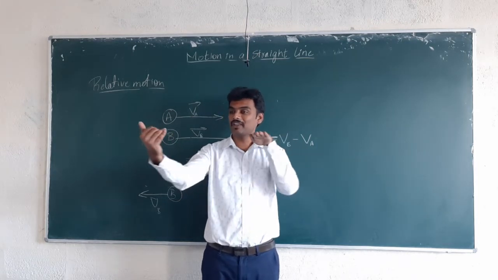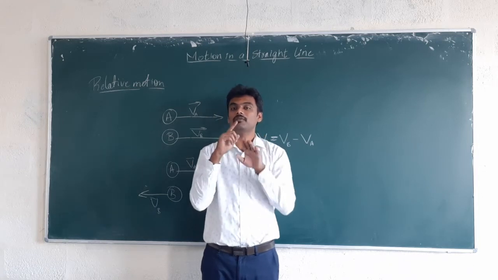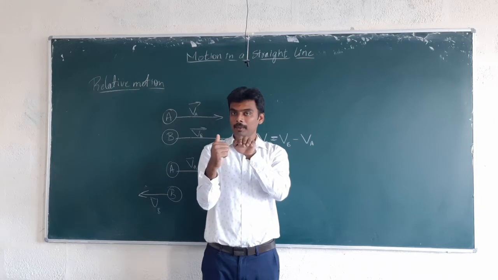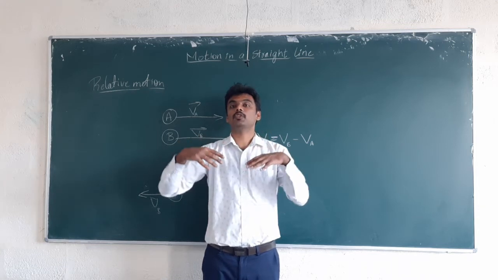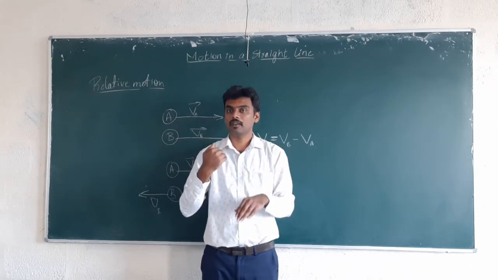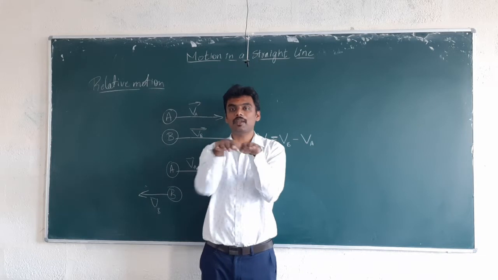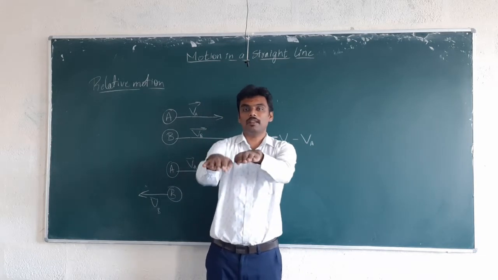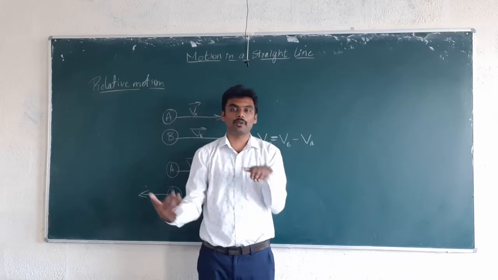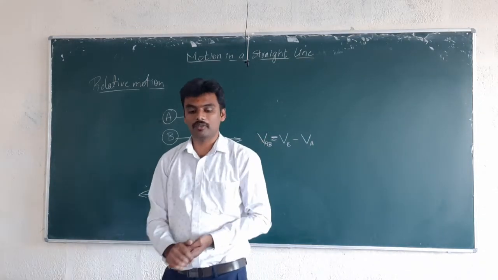When a car comes exactly opposite to us and goes with certain speed, for us moving in the opposite direction of the coming car, the speed of the car seems to be too much, isn't it? Like this. But even though the car is moving with the same speed in the same direction, we don't see the car moving with very high speed. But if it comes opposite, very high speed is what we observe.